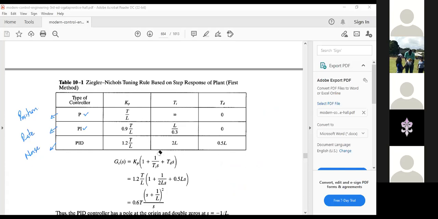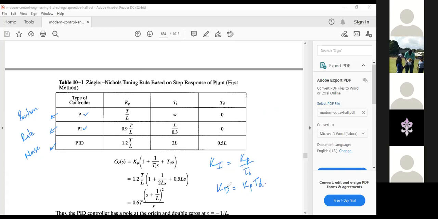If you look inside here, let me write it down: KI is going to be equal to KP divided by TI, that you determine here. And KD is going to be equal to KP times TD.